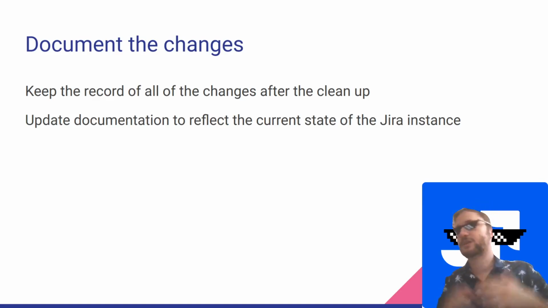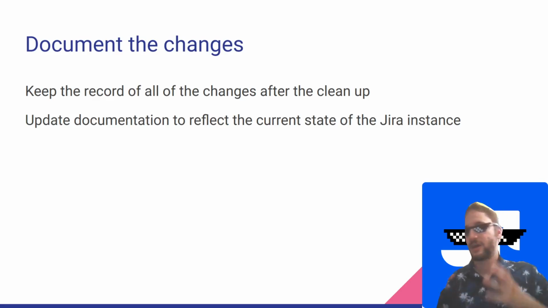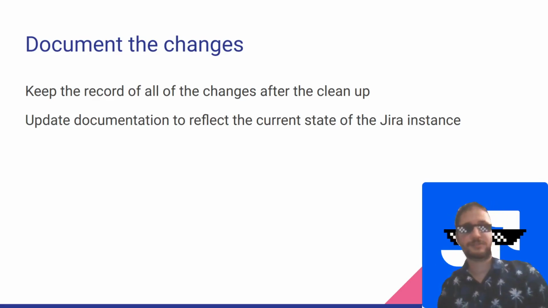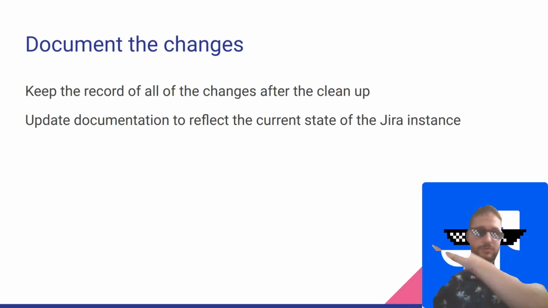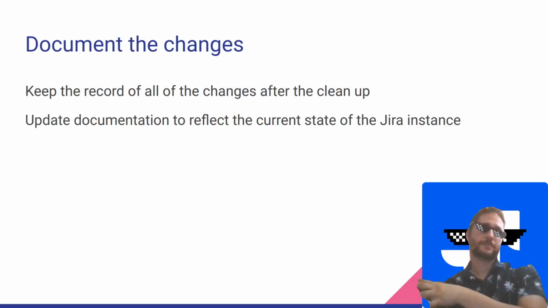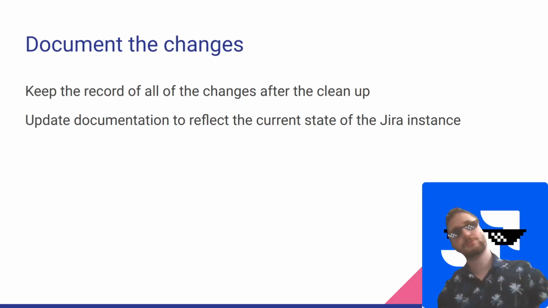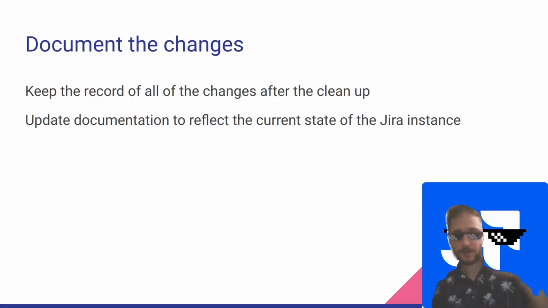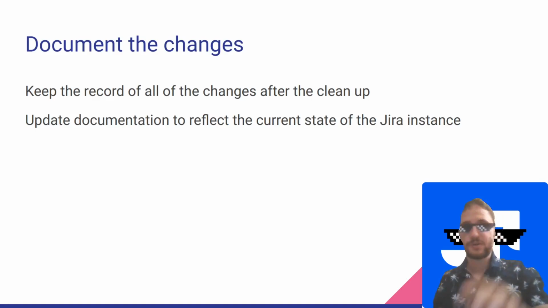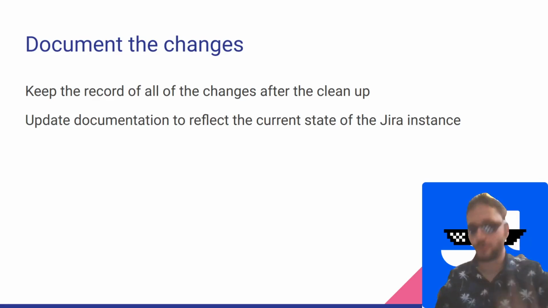How many custom fields have you deleted? How many users have you deactivated? That's something that should be there, and it should be shown to everyone else to see. And also update the documentation to reflect the current state of the Jira instance. Right? Okay, so that is something that you basically need to do.